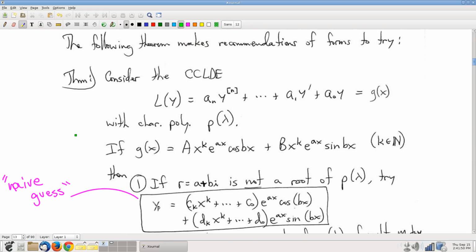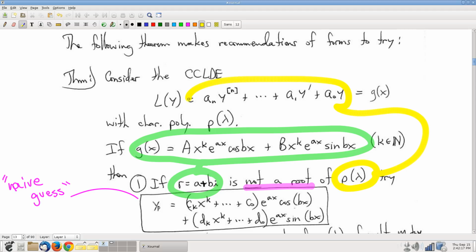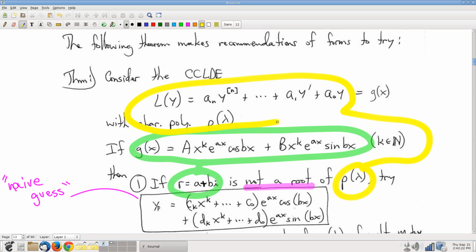In this case, the condition we have to put in order for this to work is that the r determined by the right-hand side, and I'm sweeping a little something under the rug at the moment, has to not be a root of the characteristic polynomial determined by the left-hand side. Okay.